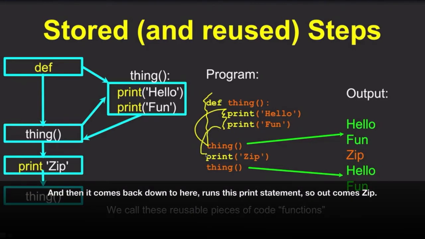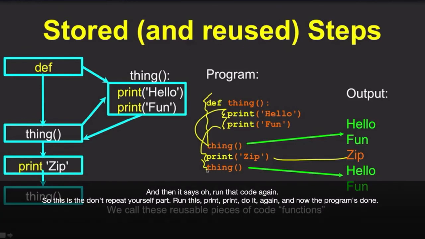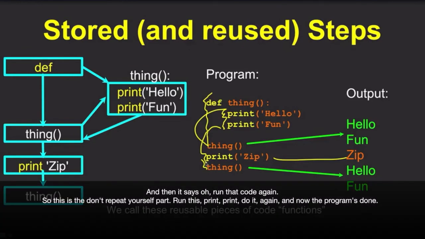And then it comes back down to here, runs this print statement, so Jeep comes out. Then it says, oh, run that code again. So this is the don't repeat yourself part. Run this print, and do it again. And now the program is done.